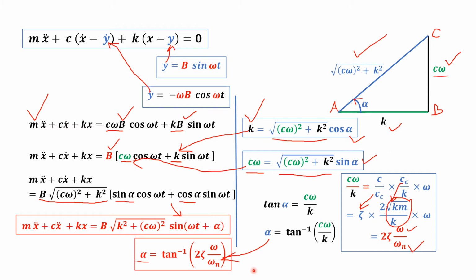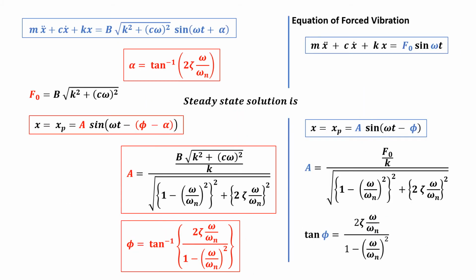Now moving ahead, carrying this differential equation and alpha relation forward, we have mx double dot plus cx dot plus kx is b times under root k square plus c omega square sine omega t plus alpha, and alpha is tan inverse of 2 zeta omega by omega n.